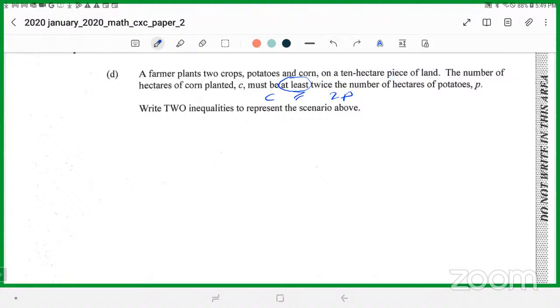So the first one is based on the fact that the total land space is 10 acres. So the number of acres of corn, C, plus the number of acres of potato, P, has to be less than or equal to 10, because the total land space you have is 10.